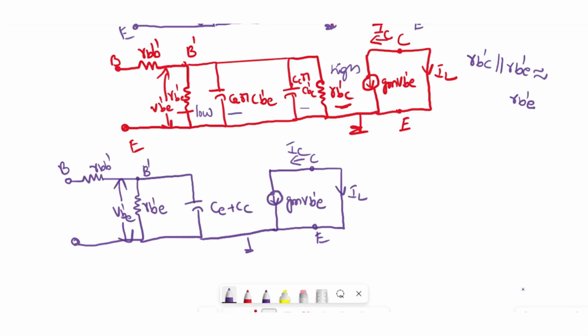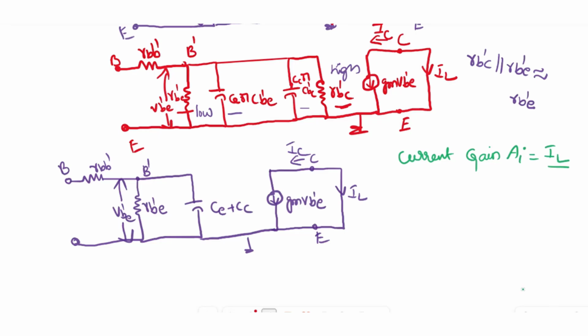Now we'll find the short circuit current gain, Ai. Output current is IL.